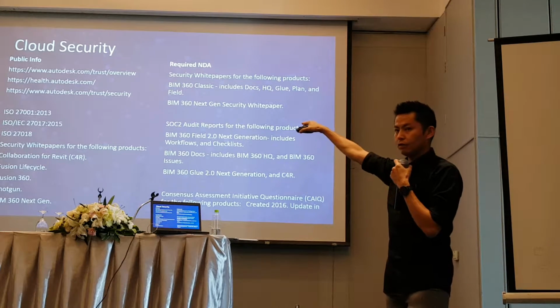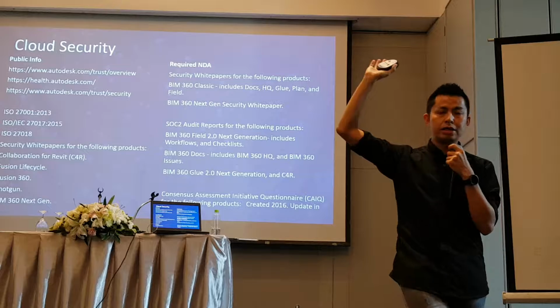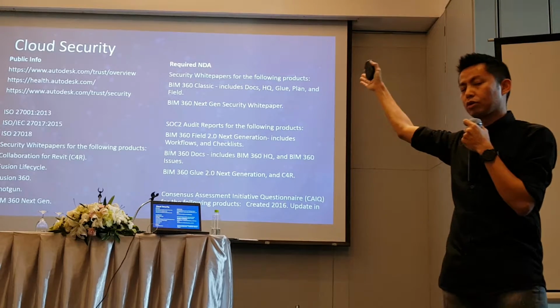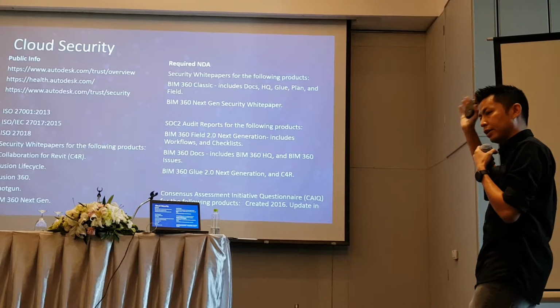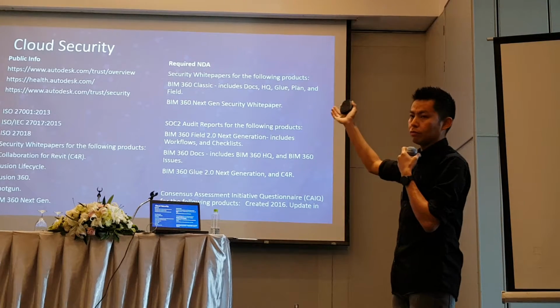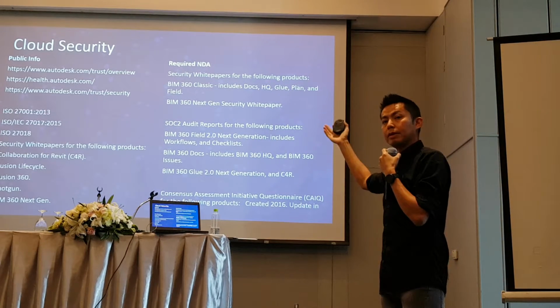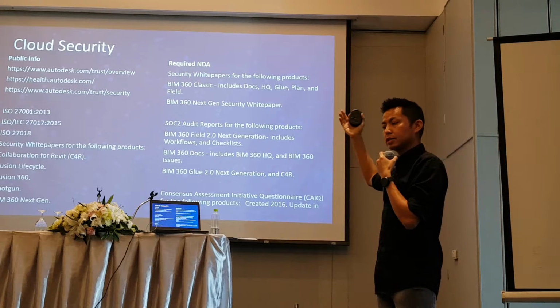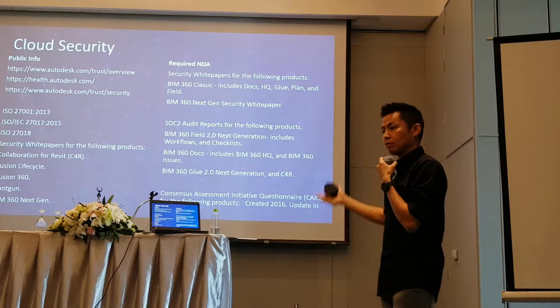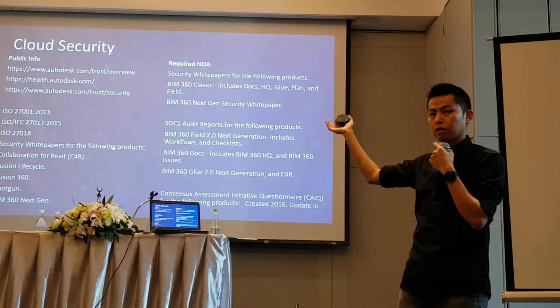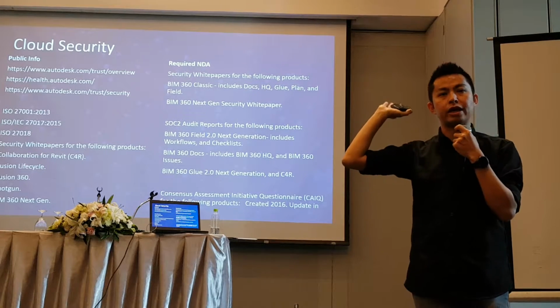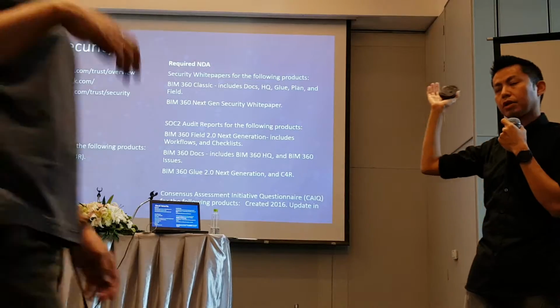The second one, health.autodesk.com. This is the website for you to check if our server is down, degraded, working well, or under maintenance, or if any scheduled maintenance is coming. So we always ask customers to go to health.autodesk.com and check if there's any maintenance going on this week, next week, and the following months.